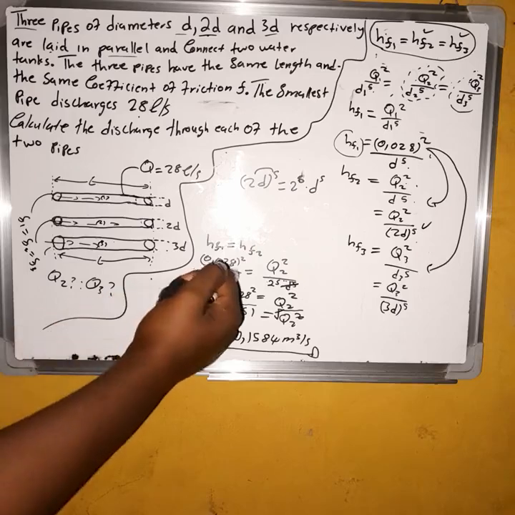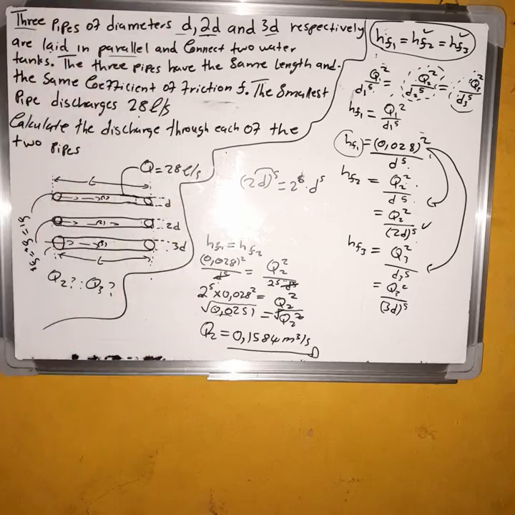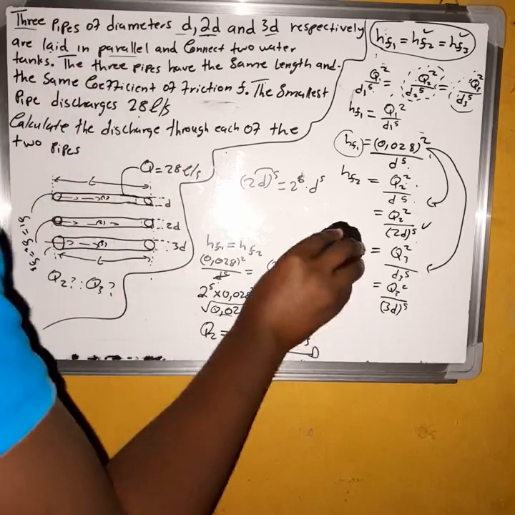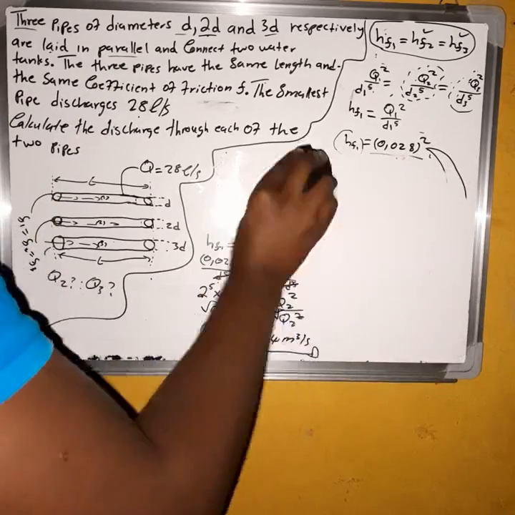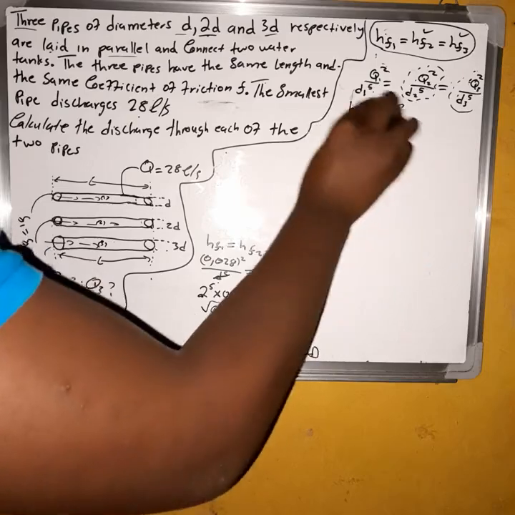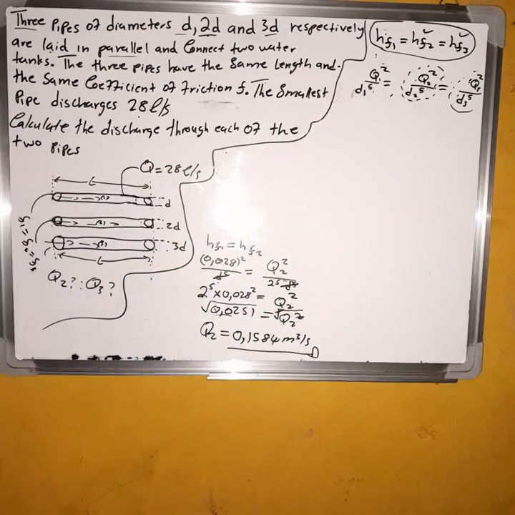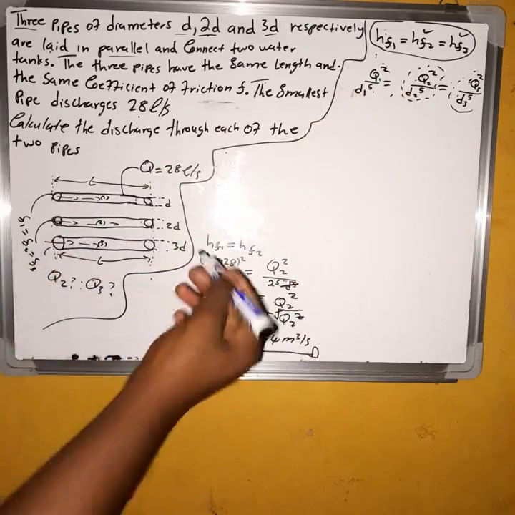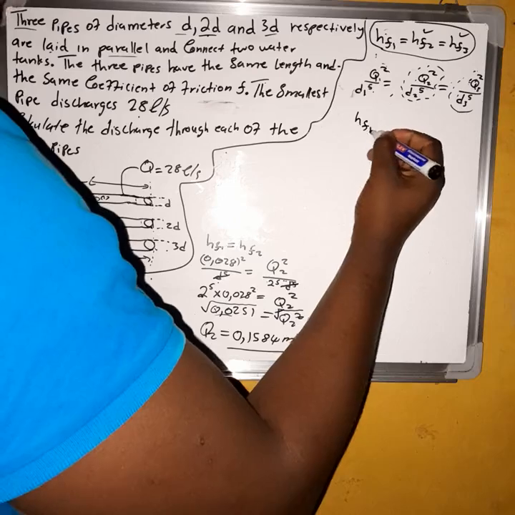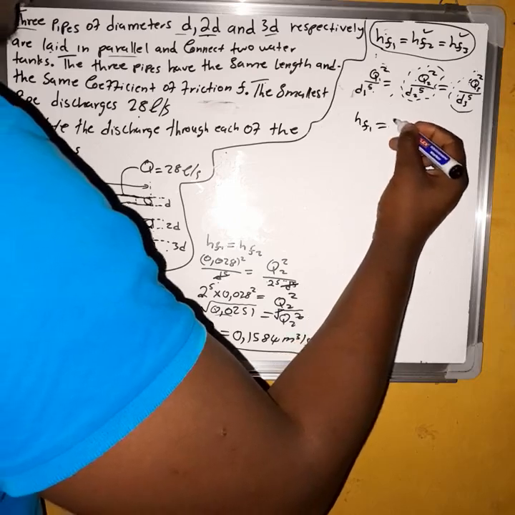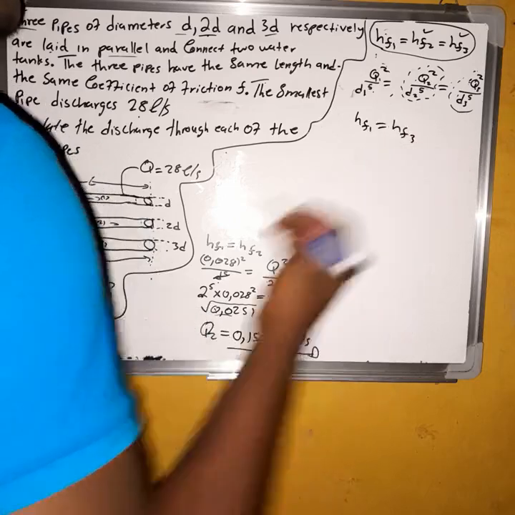We'll use the same steps. Let me erase here. Now we can consider HF1 equal to HF3.